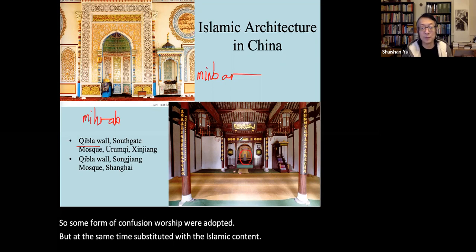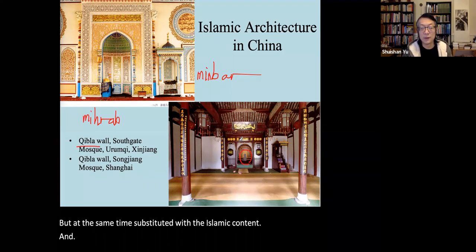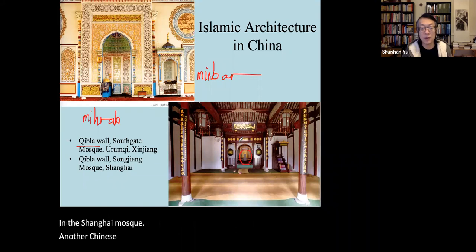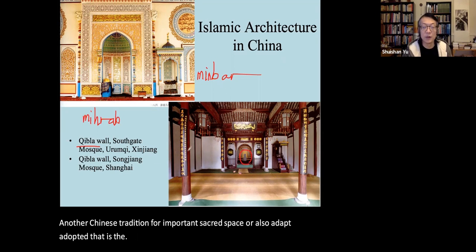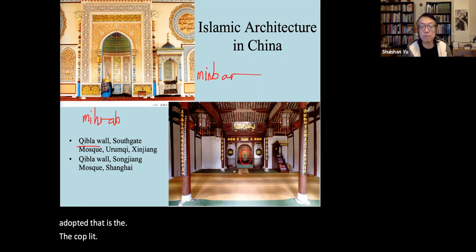And in the Shanghai Mosque, another Chinese tradition for important sacred space was also adopted. That is the couplet, written on a board, framing the central axis symmetrically.